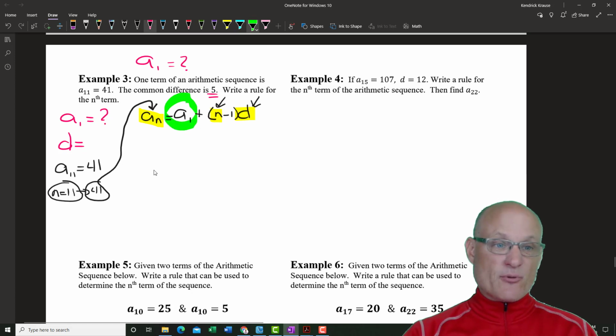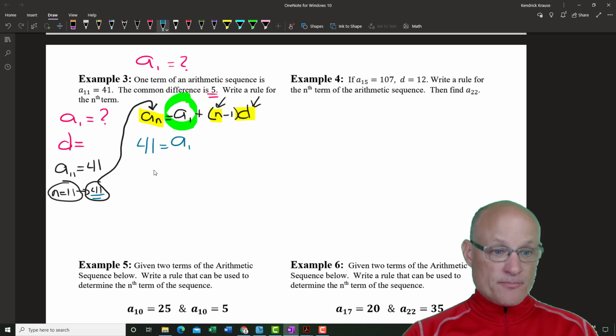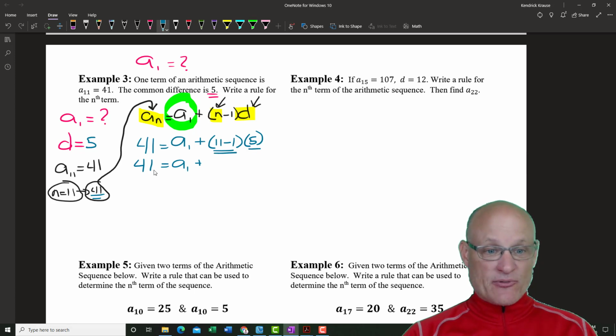So we just plug in all the information we know. So in for a sub n, we put in 41, equals the thing we don't know, plus 11 minus 1 times d, which we said was 5. So this is 41 equals a sub 1 plus, now this is 10 times 5, which is 50.